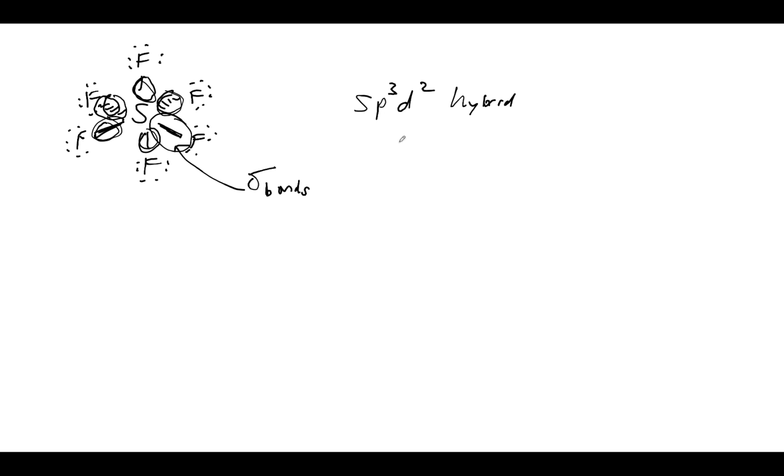So what we get is the sulfur sp3d2 orbital with the unhybridized fluorine 2p.